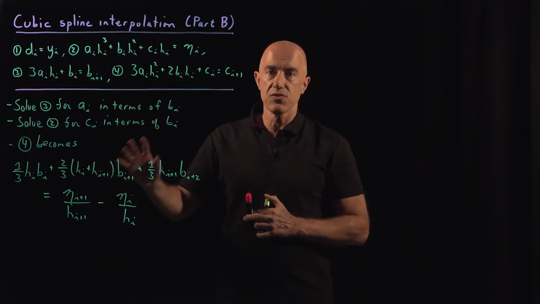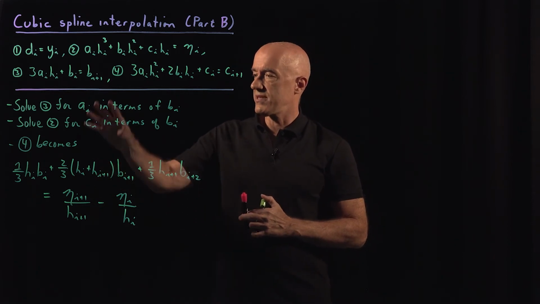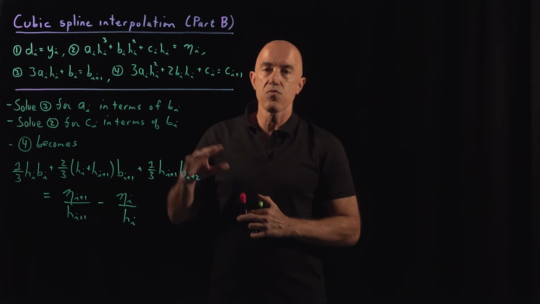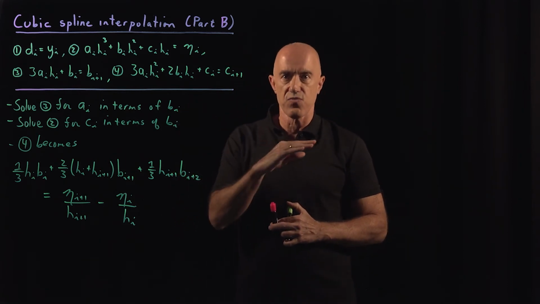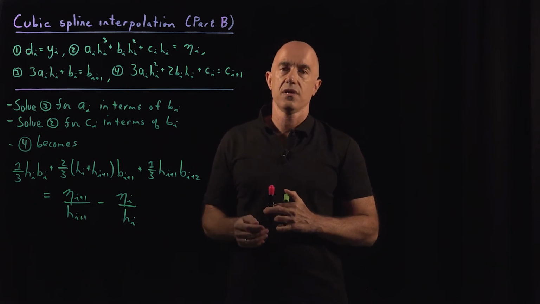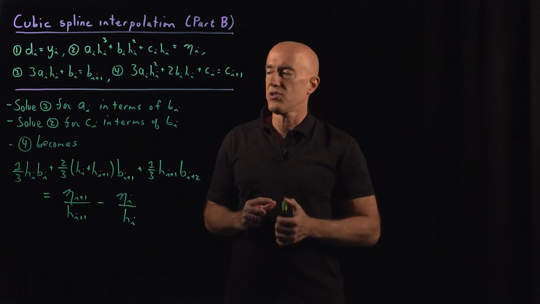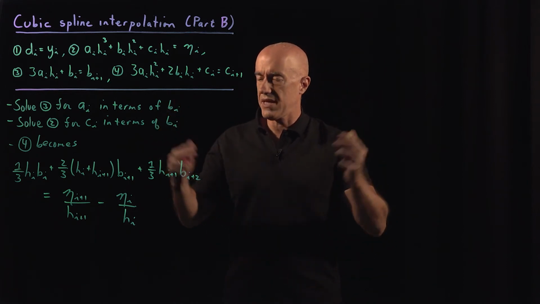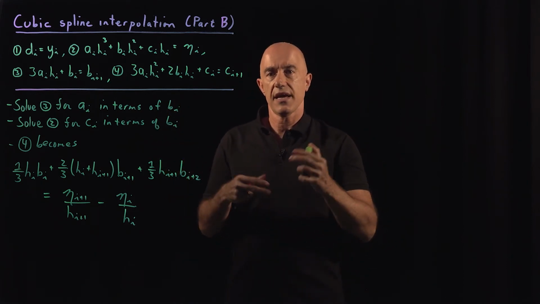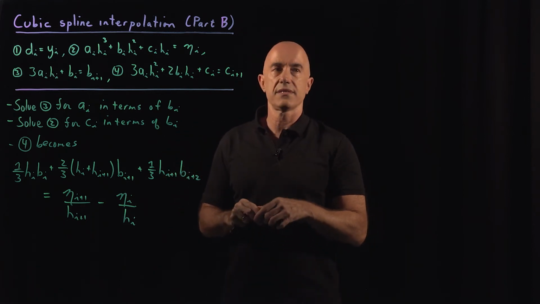But we're missing two equations, two constraints. So that works out to be missing the first row of the matrix equation and the last row of the matrix equation. You can refer to my lecture notes to see what this matrix equation looks like and how I write it with the first row missing and the last row missing.